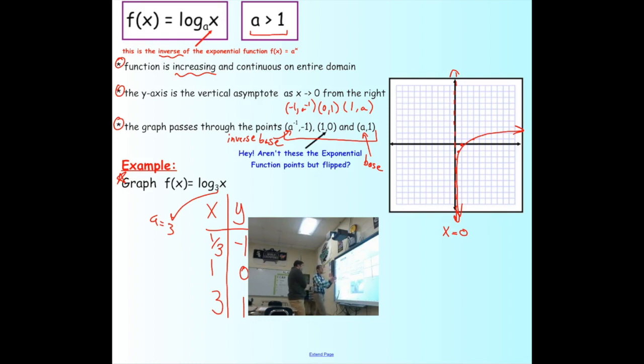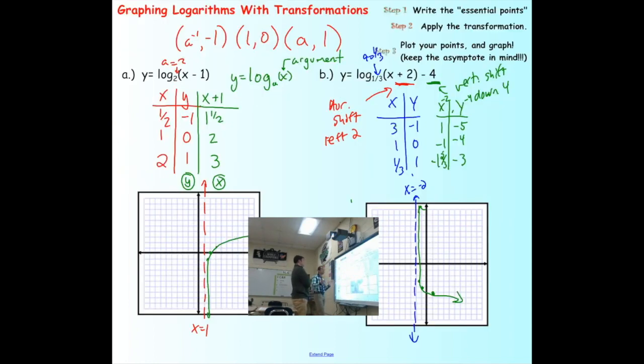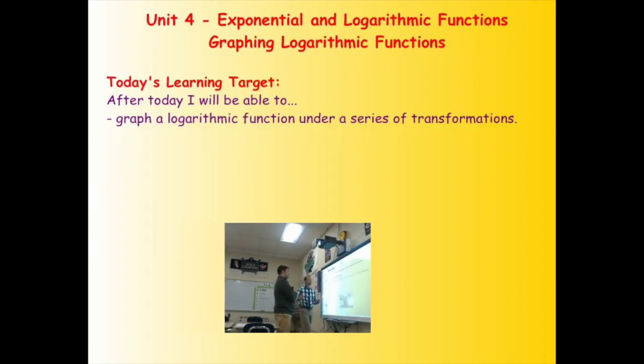We got our 3 key points here: 1/a, -1; 1, 0; and a, 1. So we use those to graph, then apply any transformations we may see. We just had a bunch of shifts in these problems, which we've been doing since Unit 2. They're masters by now. So hopefully now you are able to graph log functions under a transformation.